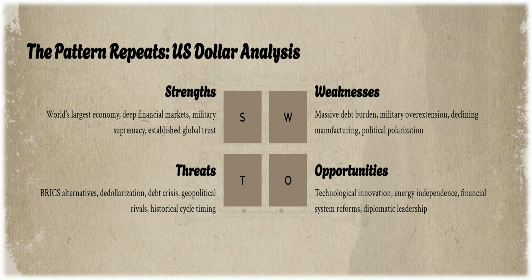The pattern has defined the past 5 centuries of economic history, and it is again repeating itself. The only question left is how fast the transition will unfold and who will lead the next financial era.